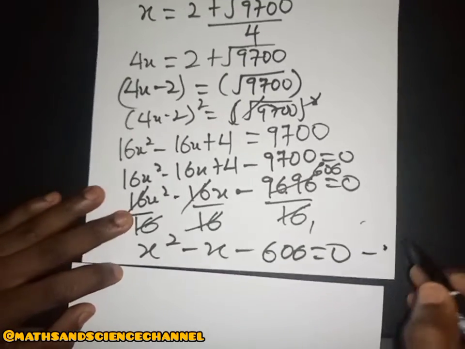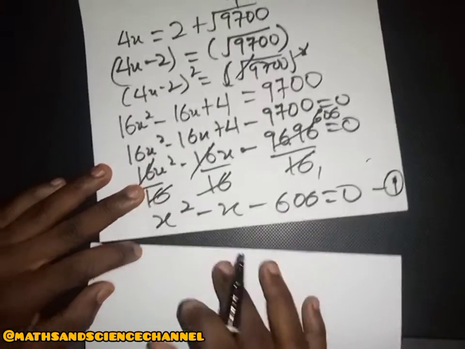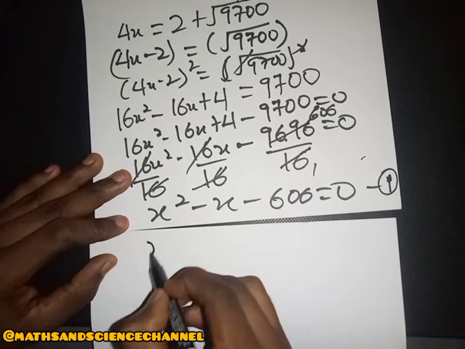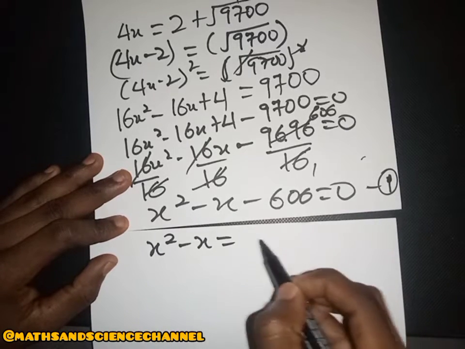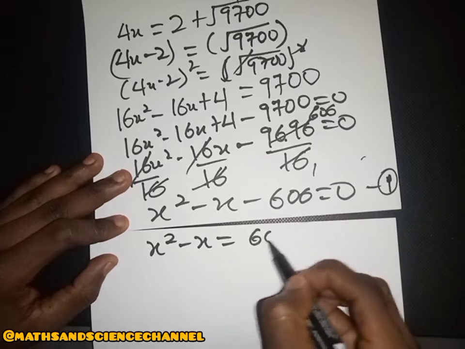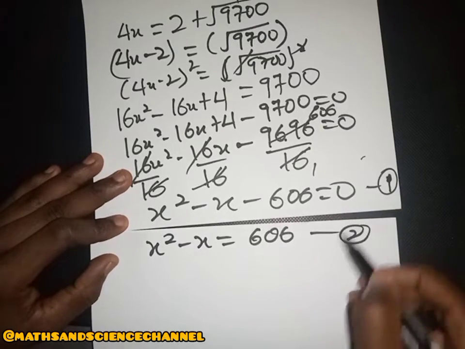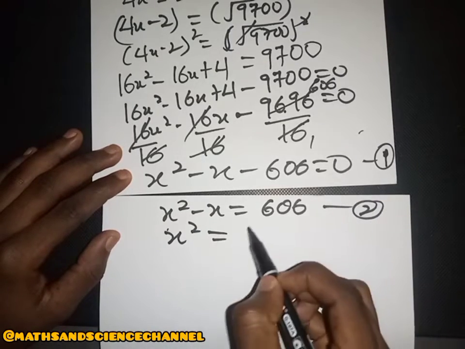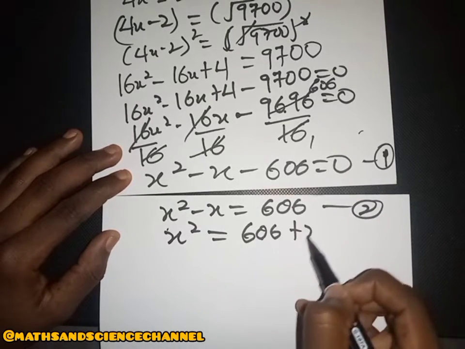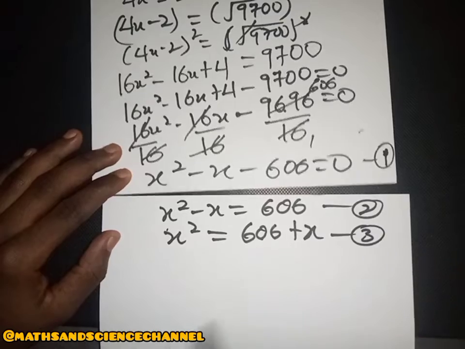Another thing we can do is to make x squared minus x the subject and send this to the other side, 606, and let's call this one equation 2. And then also we can make x squared the subject, which will be 606 plus x, and let's call this one equation 3, right?